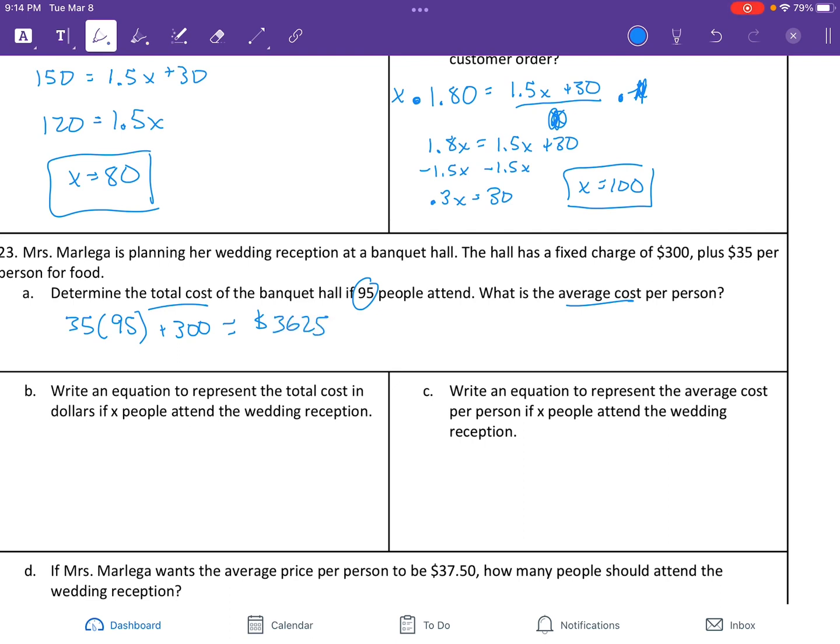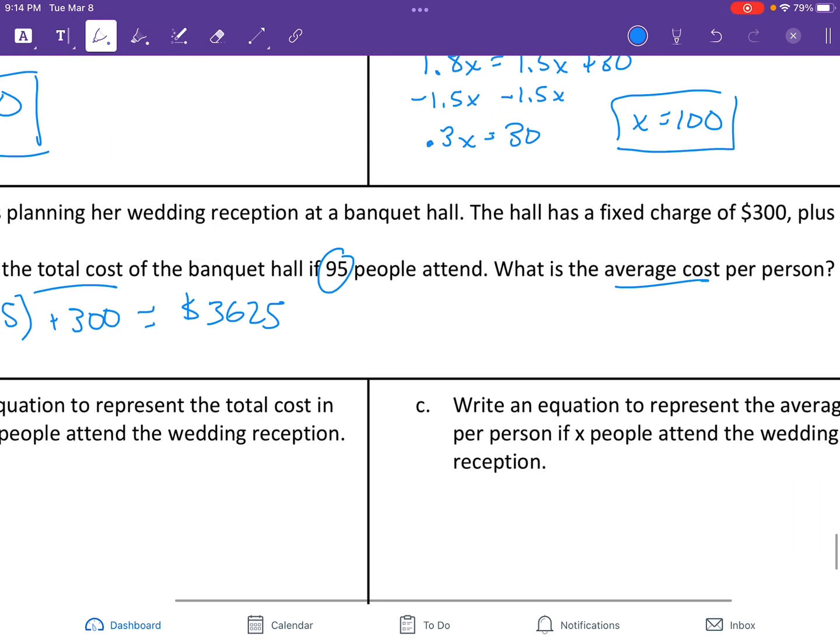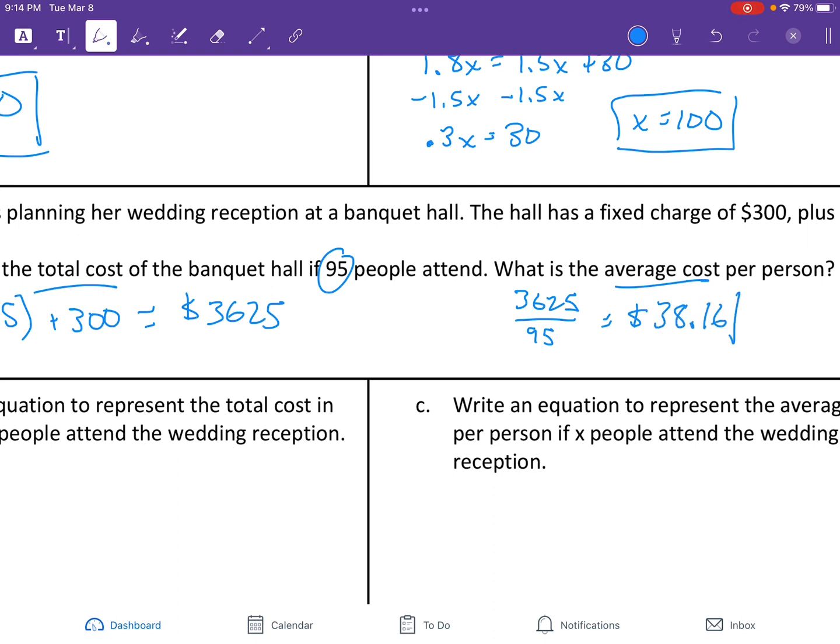To find the average cost per person, we're going to take that total and divide it by how many people are coming, which is 95. So the average cost is going to be $38.16.